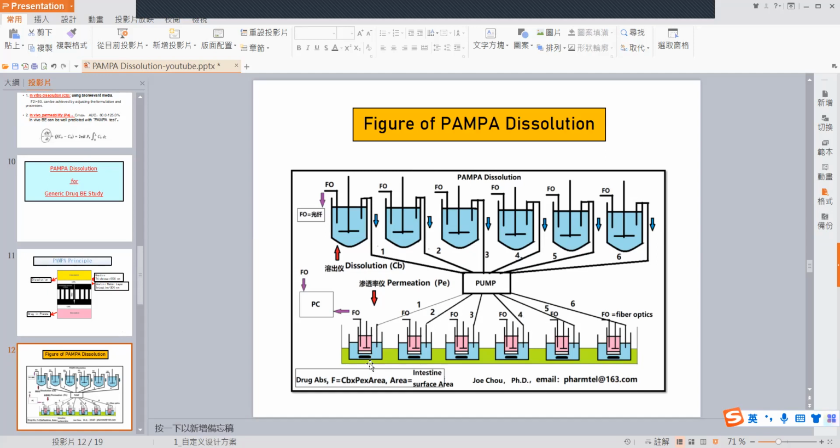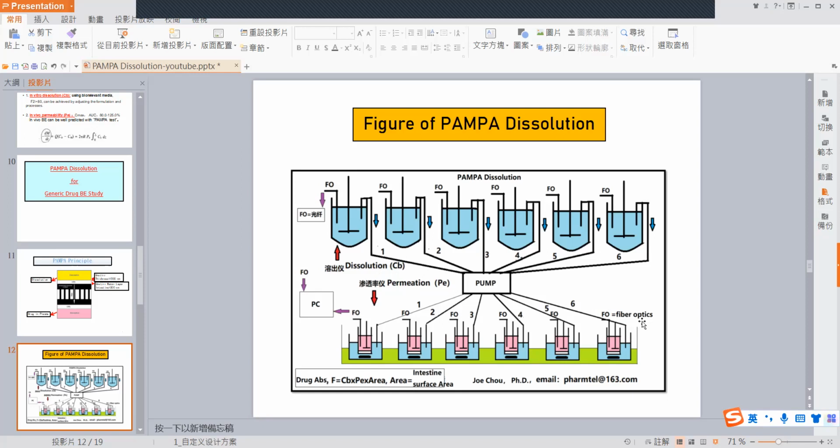requirement of permeation. And therefore, with time going, we can measure the change of the drug dissolved and also the drug permeated. So that CB and PE can be measured with respect to these fiber optics.